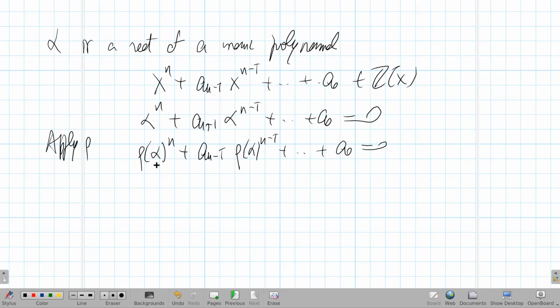Because rho is linear. Remember that rho is a linear map.